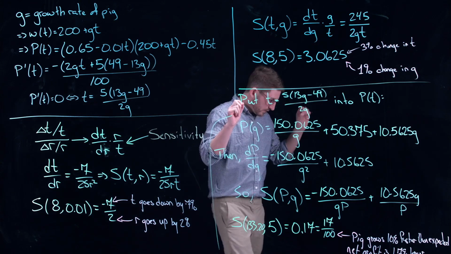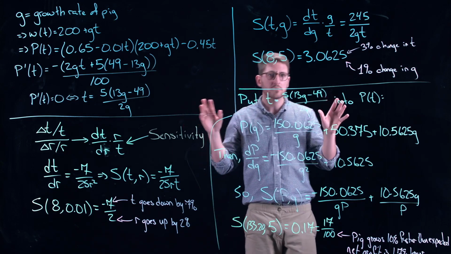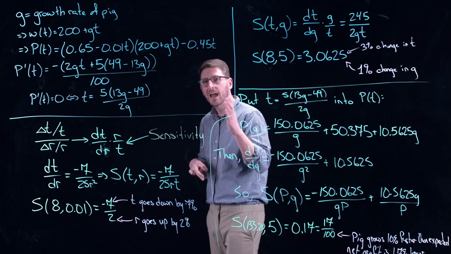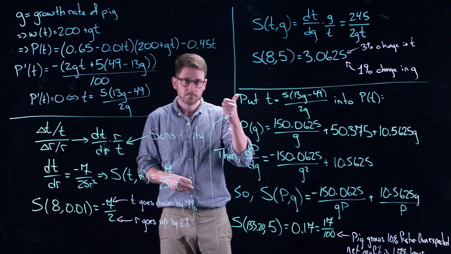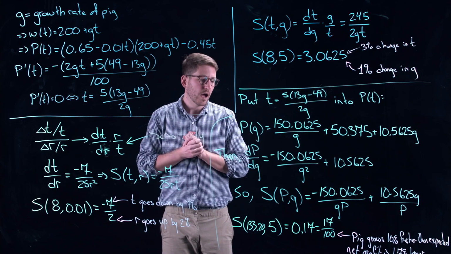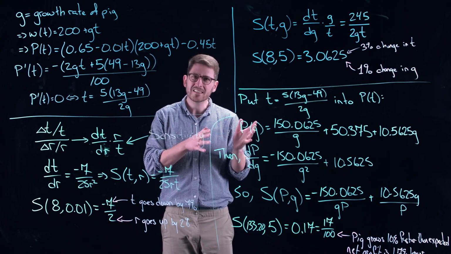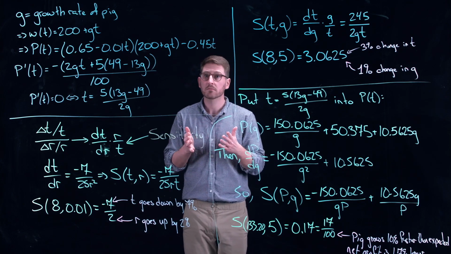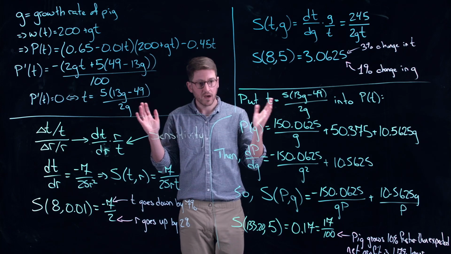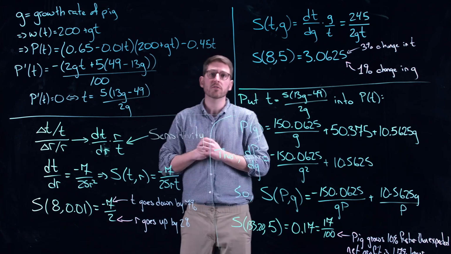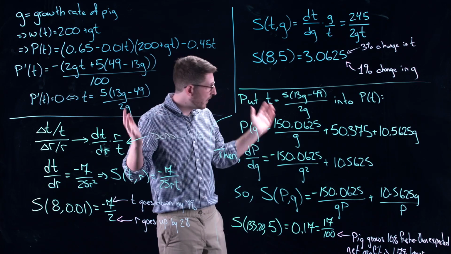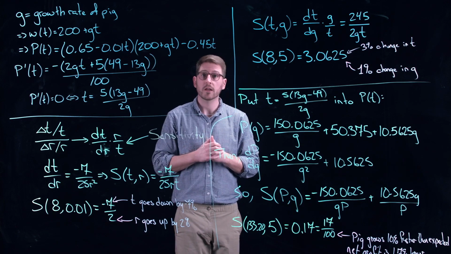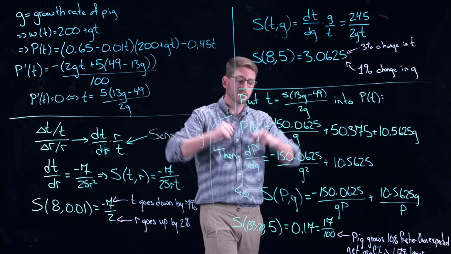Now, it turns out my pig grows about 10% more than that per day, so maybe 5.5 pounds per day. That's okay. But I still predicted this. I got somebody coming to buy the pig on day 8. That was the plan. I predicted my growth rate should be 5 pounds per day. This is what all my other pigs do, and therefore I should sell on day 8. This is the model that I built.